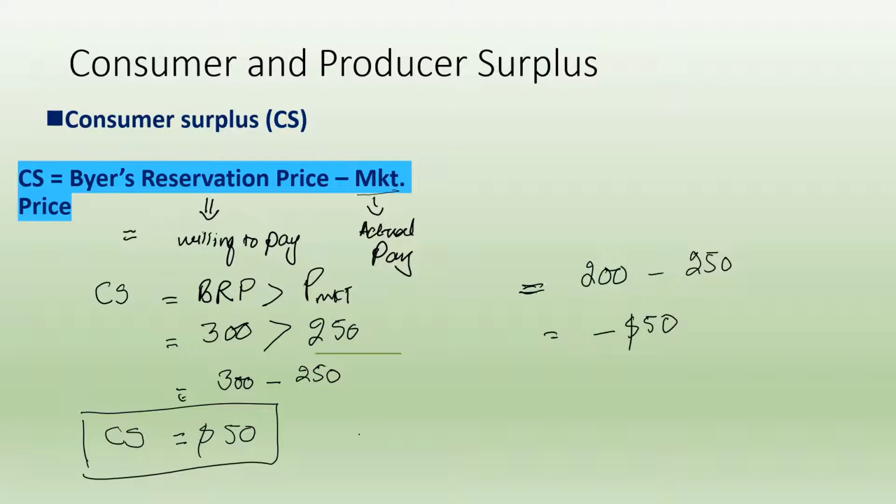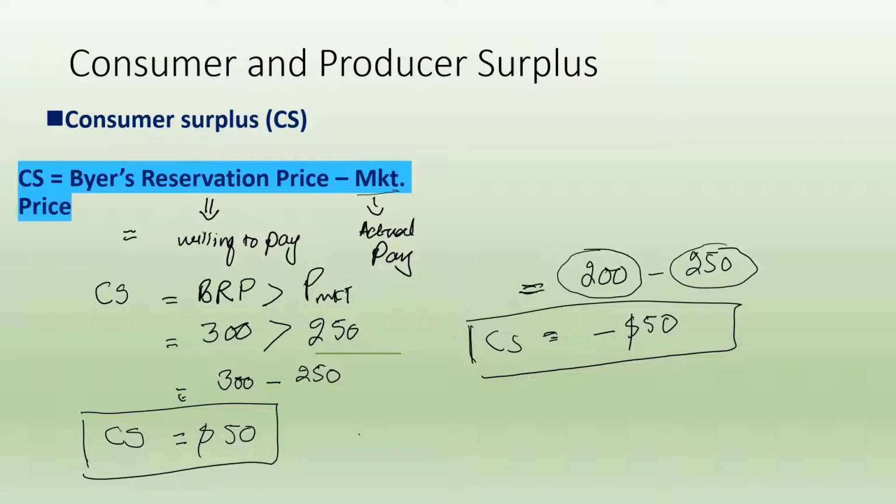So whenever the consumer surplus is negative, meaning the buyer's maximum willingness to pay for the laptop is lower than the actual price, then this consumer is not going to purchase the laptop in the market.